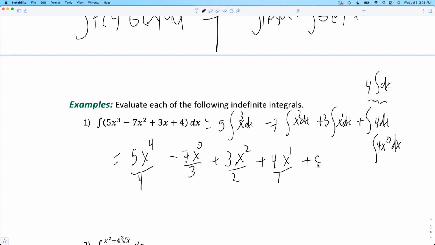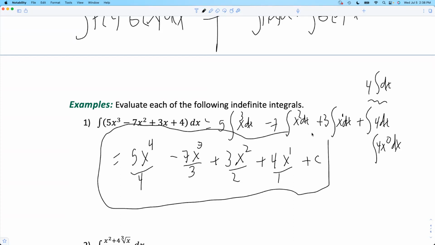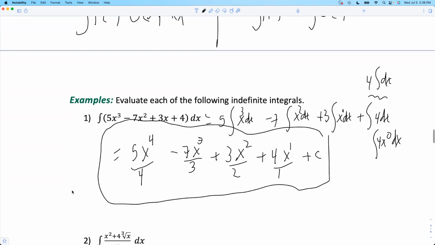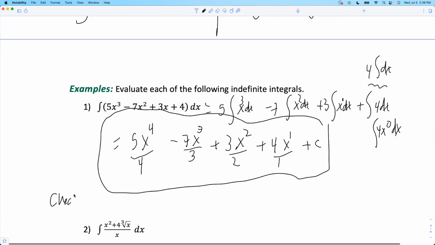Okay, let's check this. I'm done. That's the answer. That is the general antiderivative of that function. Let's check it by taking the derivative with respect to x. What do I get?